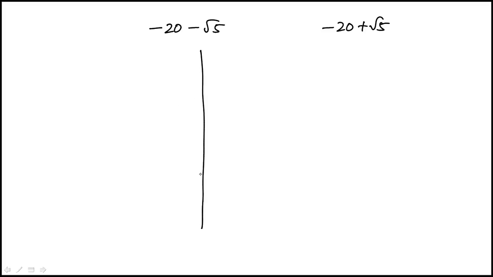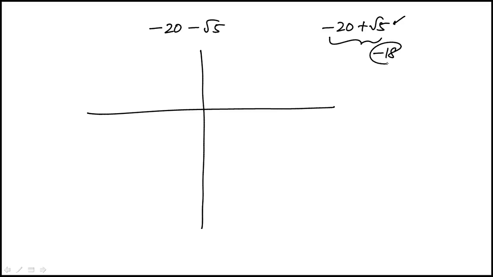Now, in terms of drawing this parabola, we were given that the x-intercepts are minus 20 minus root 5 and minus 20 plus root 5. Roughly they're both going to be negative, because root 5 is about 2 something.